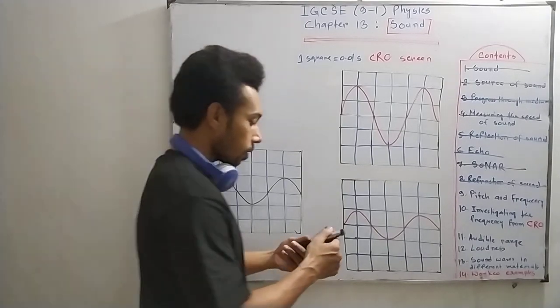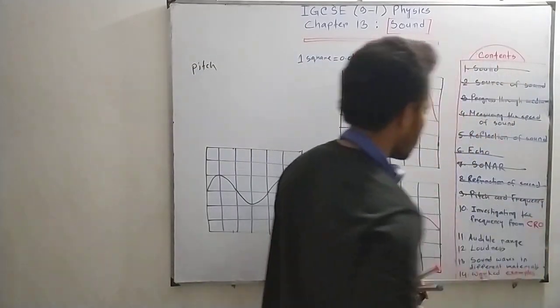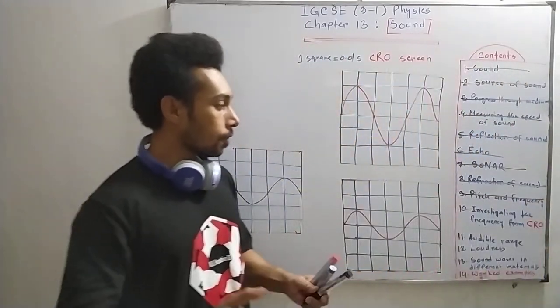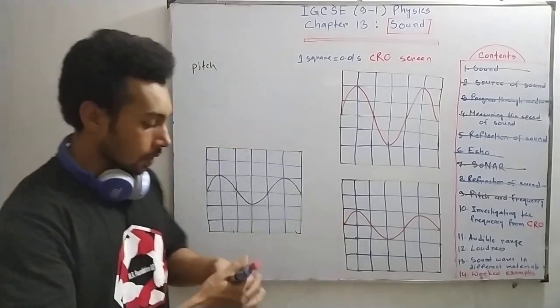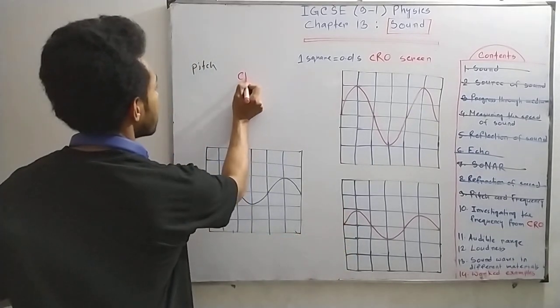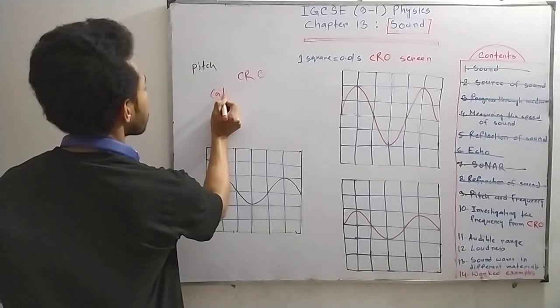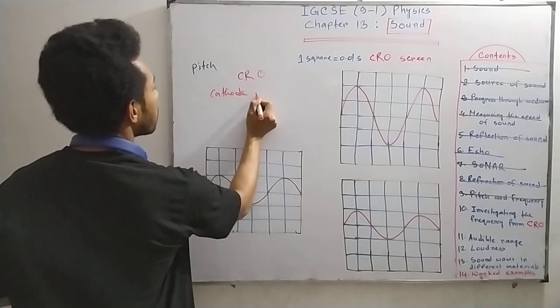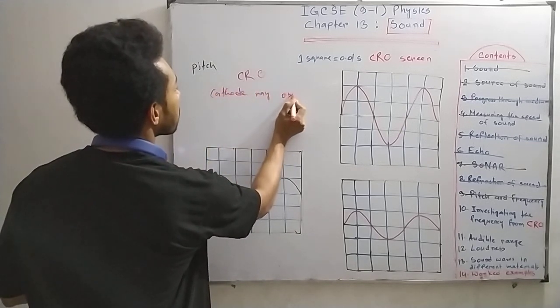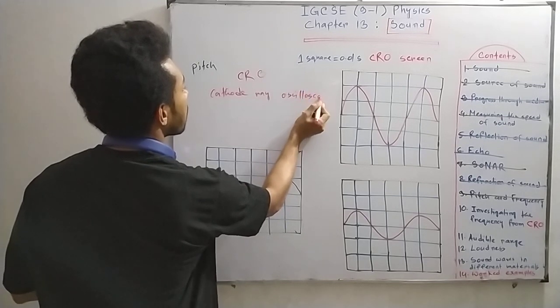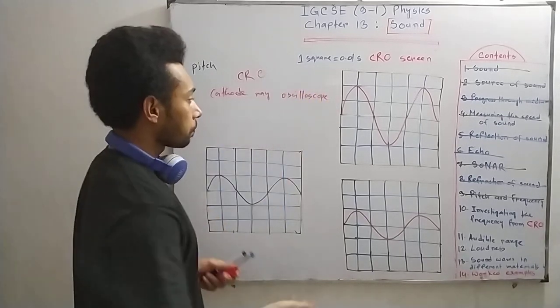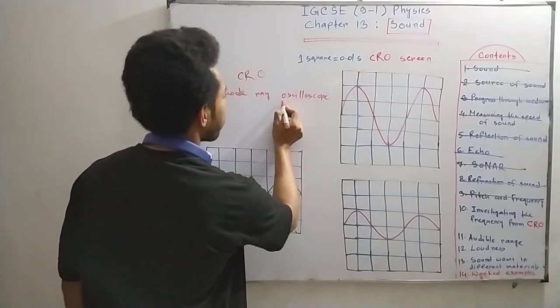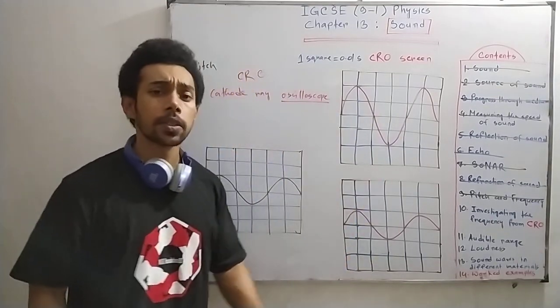Okay, frequency and pitch. Investigating the frequency from the CRO. CRO actually stands for cathode ray oscilloscope. You can simply address it as oscilloscope for your IGCSE.